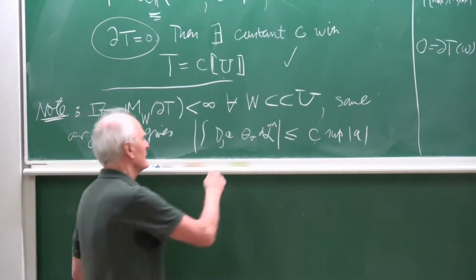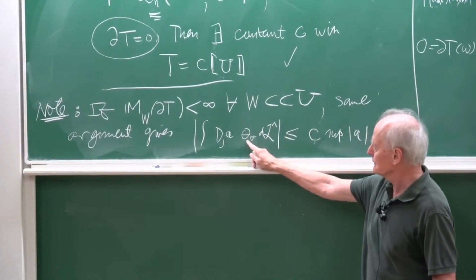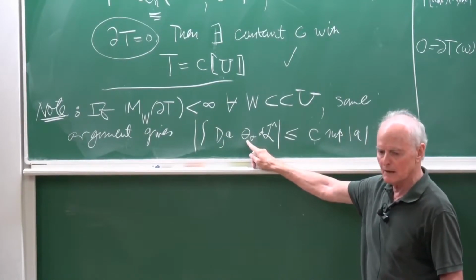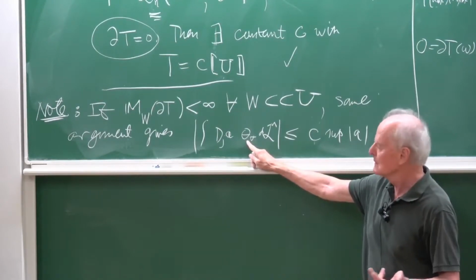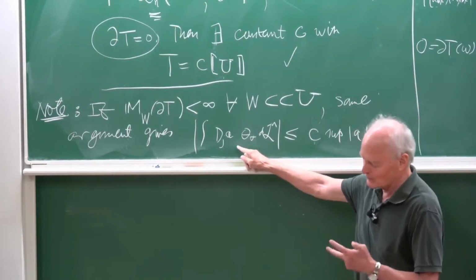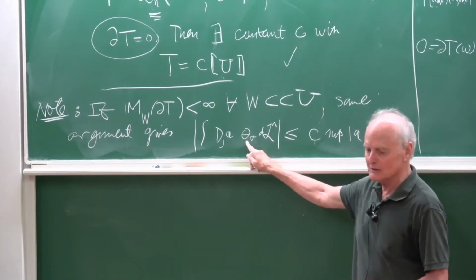Now this says that the distribution derivatives of phi sigma are in L1. That's not really, it doesn't quite say that. It says that the distribution derivatives are measures.